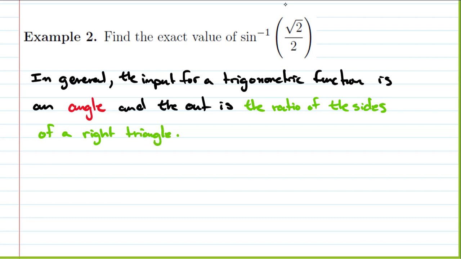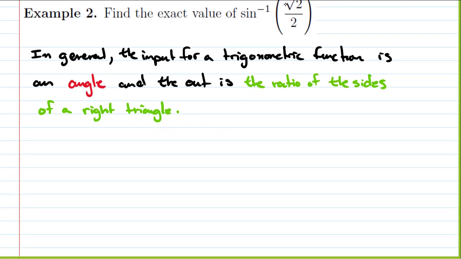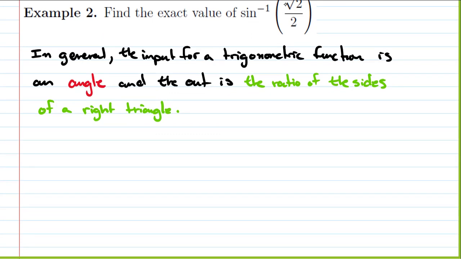So for regular trig functions, we put in an angle and we get back the ratio of the sides of some right triangle.